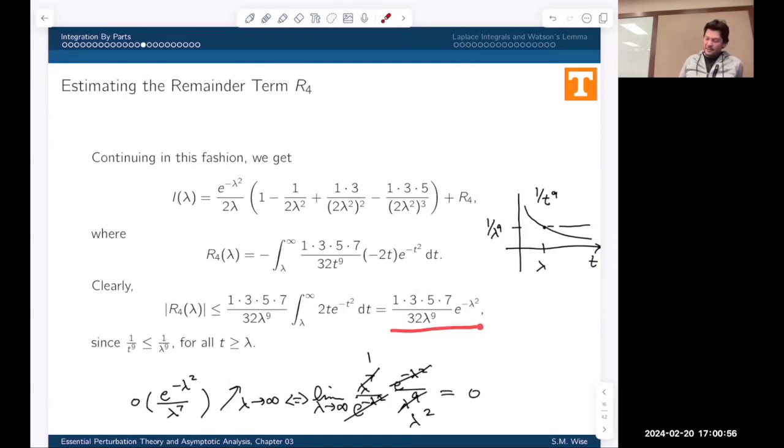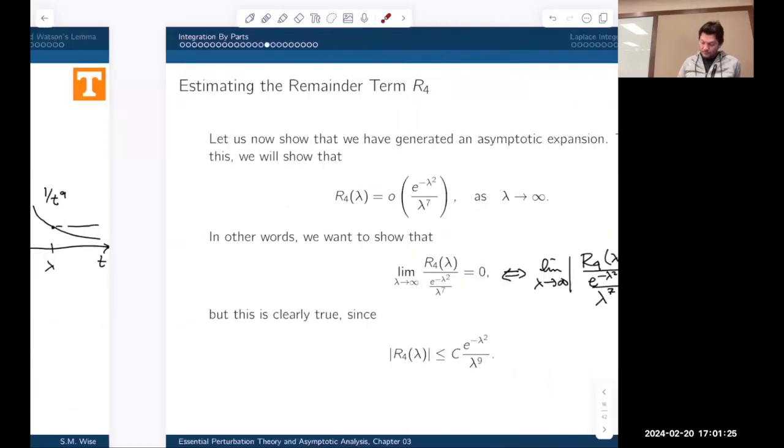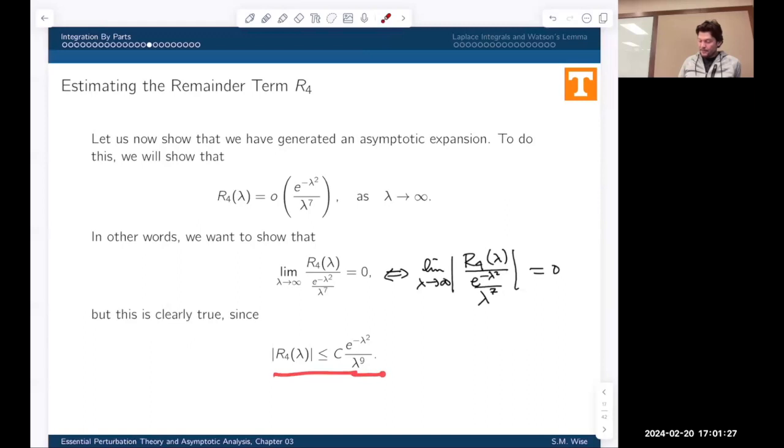I already proved this limit, and the only technology I used is this upper bound for 1 over t to the 9th. That allowed me to bring that upper bound out, 1 over lambda to the 9th. Then I used the fact that what remained was an exact differential, up to a minus sign. I could integrate that exactly, and I ultimately get this. So I have this upper bound for R4 of lambda, which is stated right here.